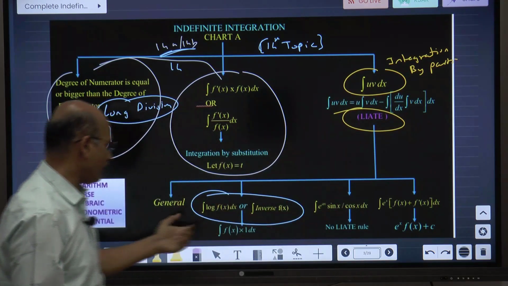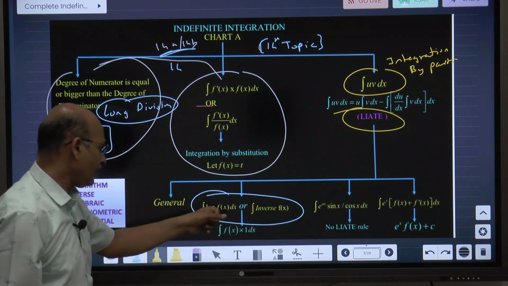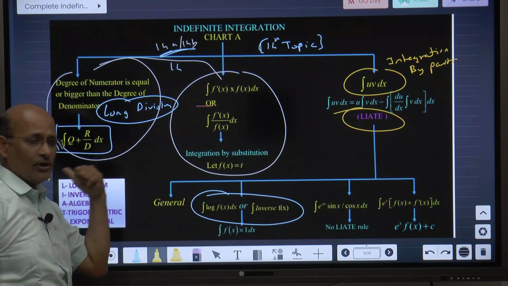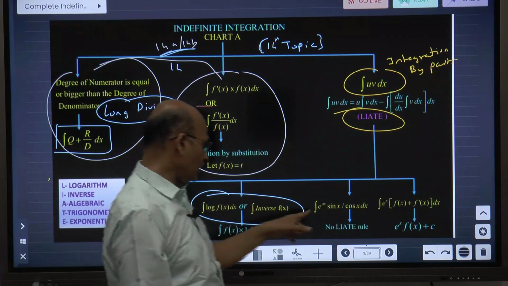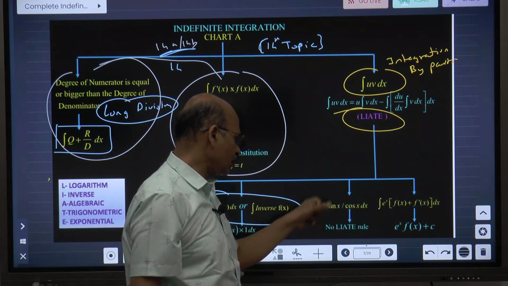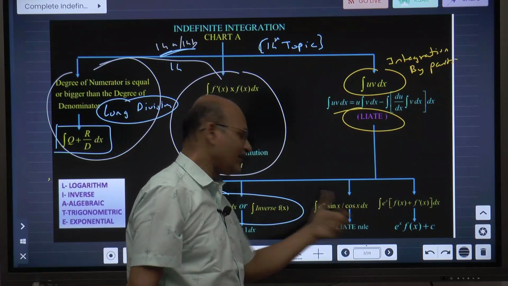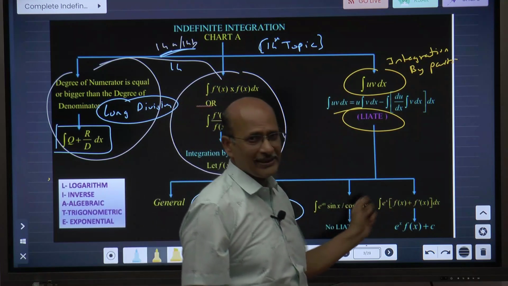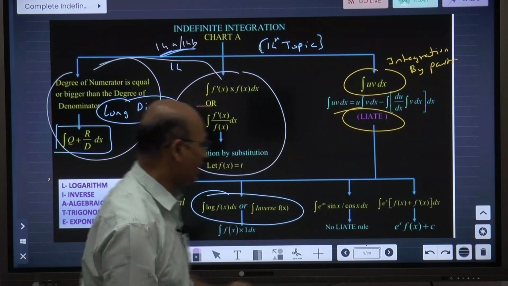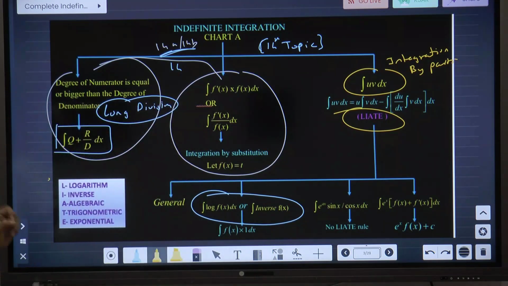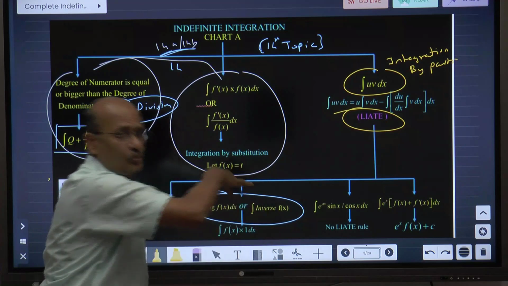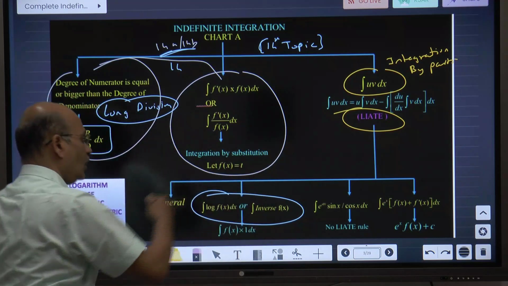Then whenever log and inverse are standalone functions, you multiply by 1, as you saw in the previous question of substitution. If the integrand has e raised to x with sin x or cos x, then we don't follow the LIATE rule. Each type I will cover with at least a minimum of 2 sums and make you understand how we identify which type it is and how to contribute a solution for this type of sum.